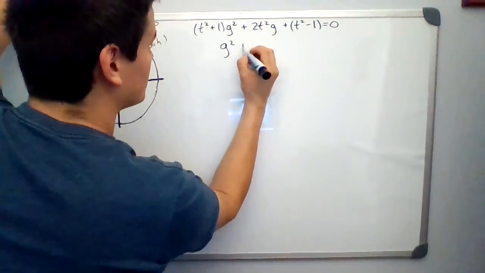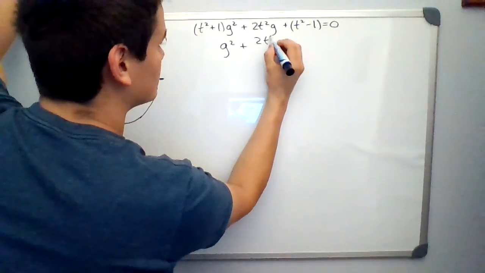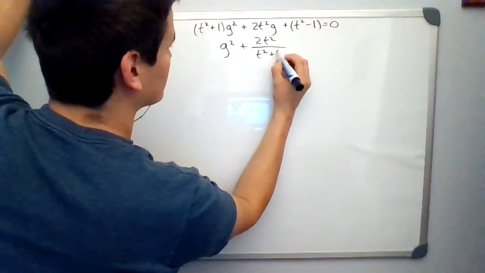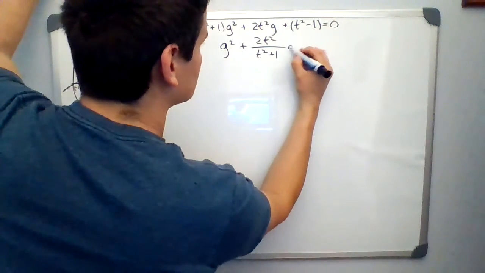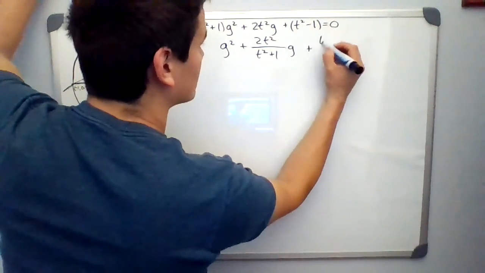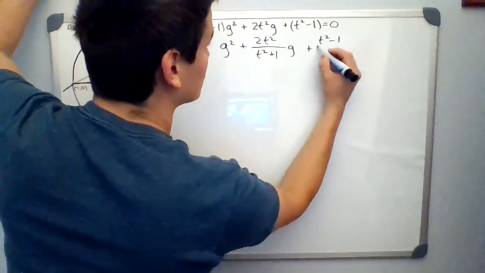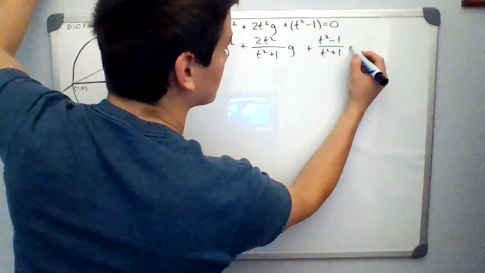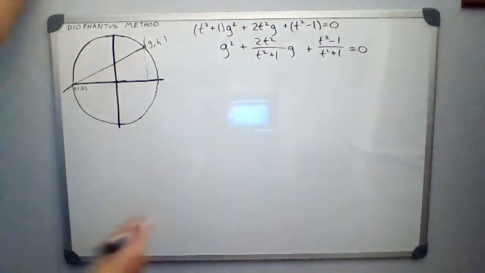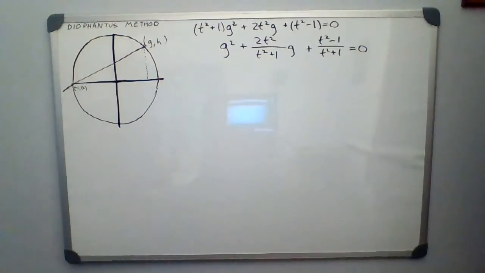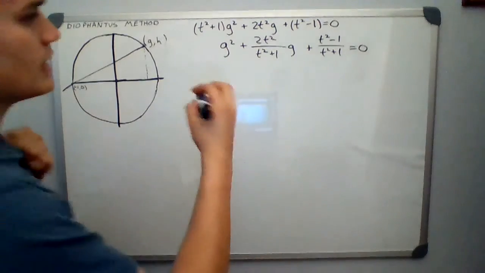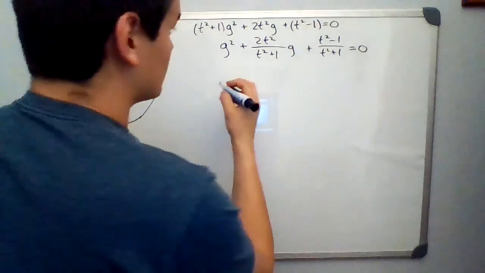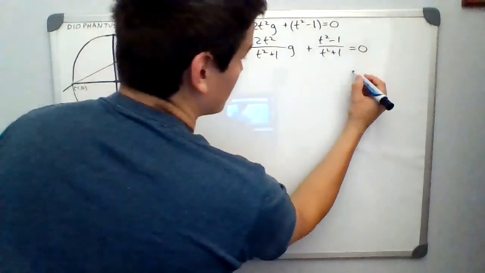So g squared plus 2t squared over t squared plus 1 times g plus t squared minus 1 over t squared plus 1 is equal to 0. I'm going to focus on solving this. I'm probably not going to talk too much about how I'm doing it exactly, but this is going to be completing the square, and you can look into how to do it afterwards.